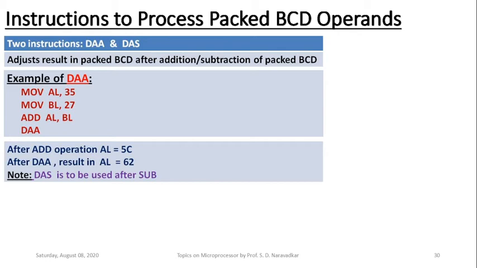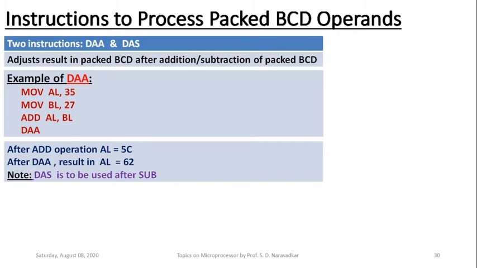Result will be now adjusted and copied as 62. It clearly means that the numbers 35 and 27 are the two packed BCD numbers. Once their addition is performed by the ADD instruction, the result copied to the accumulator, AL register, will be 5C, which is not in a packed BCD format. So this particular result will be adjusted to packed BCD format by using the DAA instruction, and then we are getting that packed BCD result as 62, which is copied into the AL register. Just one note has been placed here, DAS is used after subtraction.